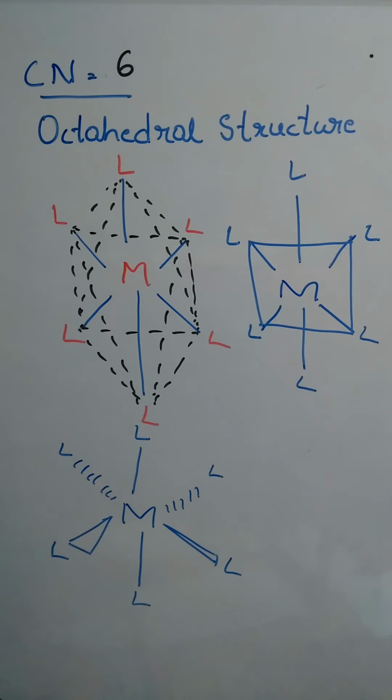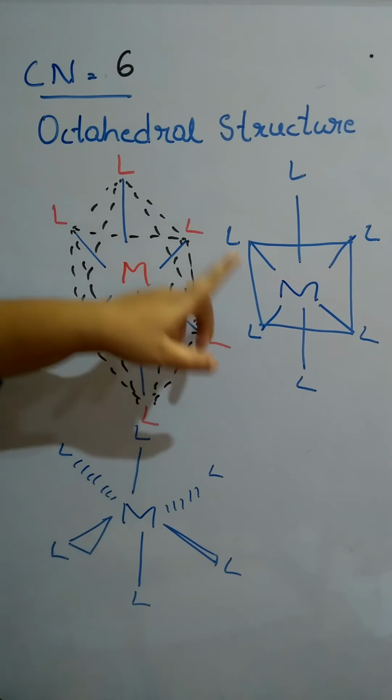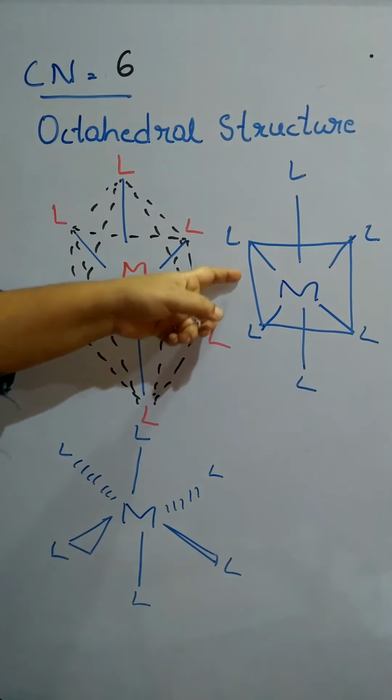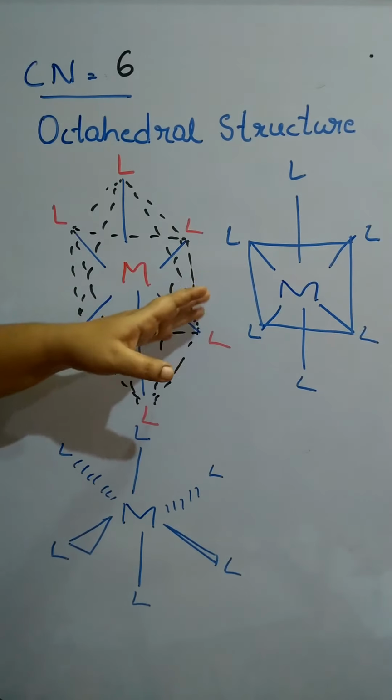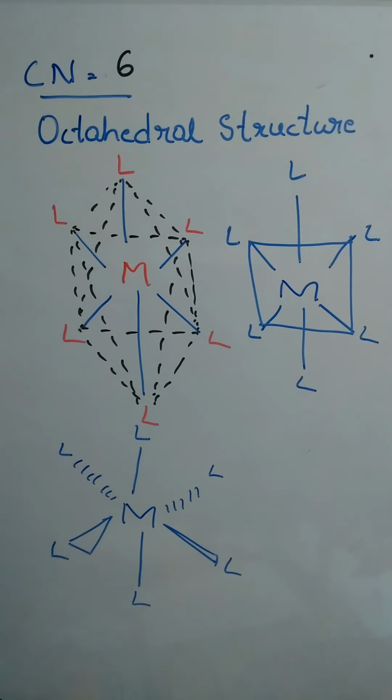So this is about the octahedral structure. If the coordination number is 6, the central metal atom is forming six bonds with the ligands, and it will be in the octahedral structure. Usually we will show the structure only. If you have to practice, only this structure is sufficient.